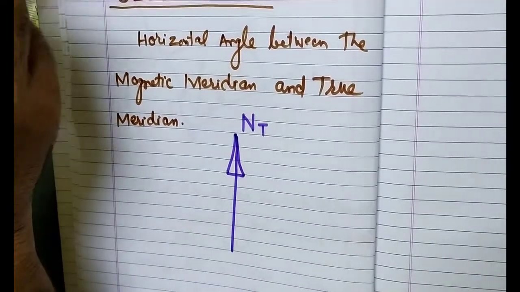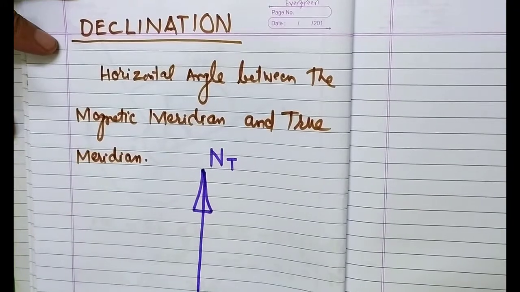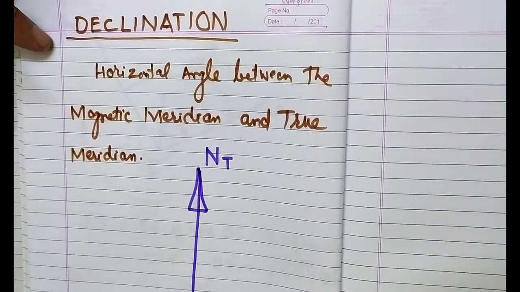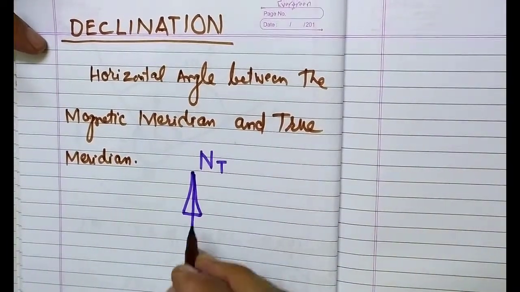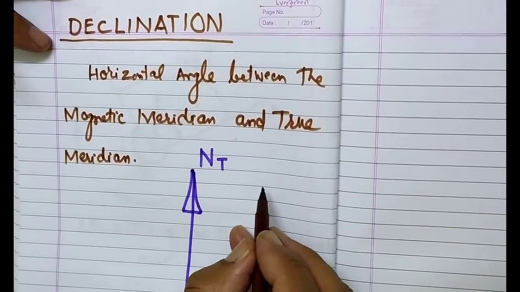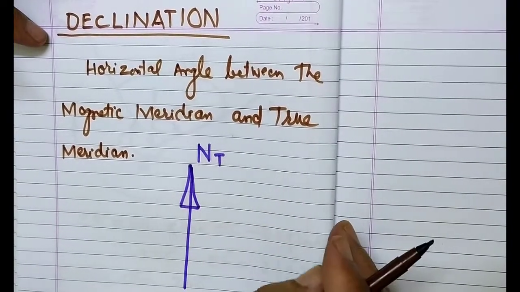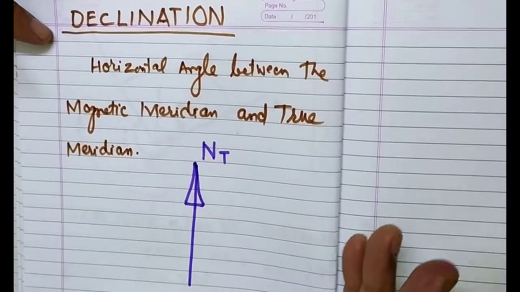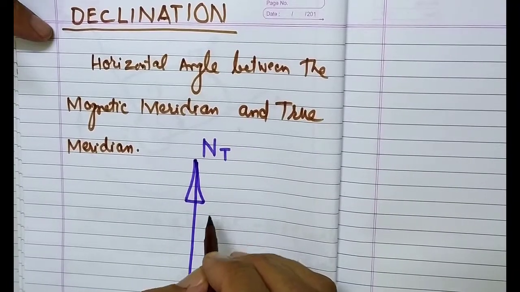Then we have this magnetic north, which may be disturbed by the influence of some force, because if there is iron ore, it is attracted. Here there may be any iron pole or power line. In the prismatic compass, the north may be disturbed.